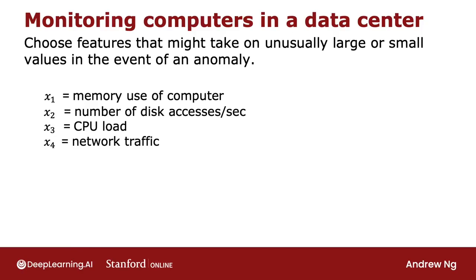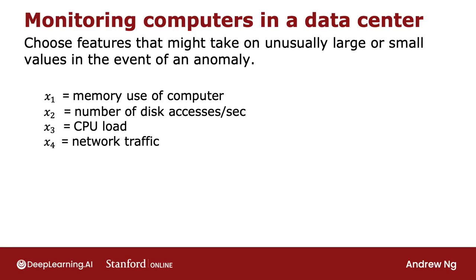If you train the algorithm, you may find that it detects some anomalies but fails to detect some other anomalies. In that case, it's not unusual to create new features by combining old features.